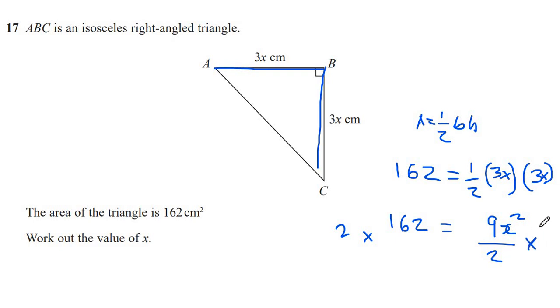That will get rid of this 2 here. So we'll get 9x squared on the right side, and on this side we're going to get 324.